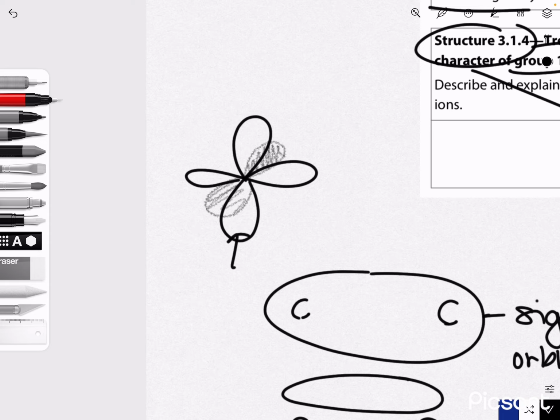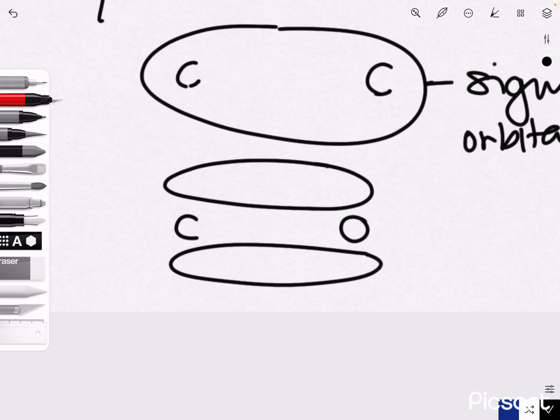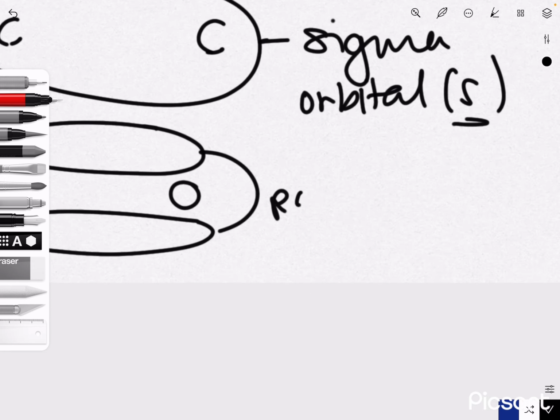So we take this one and this one, that is what it will look like, and this is your pi orbital.